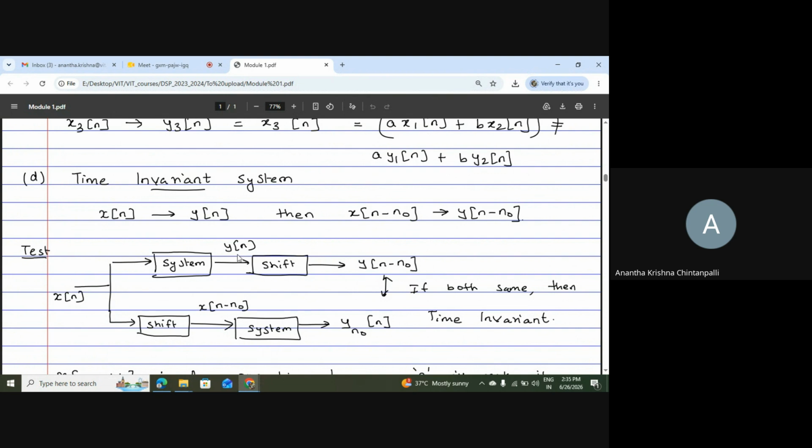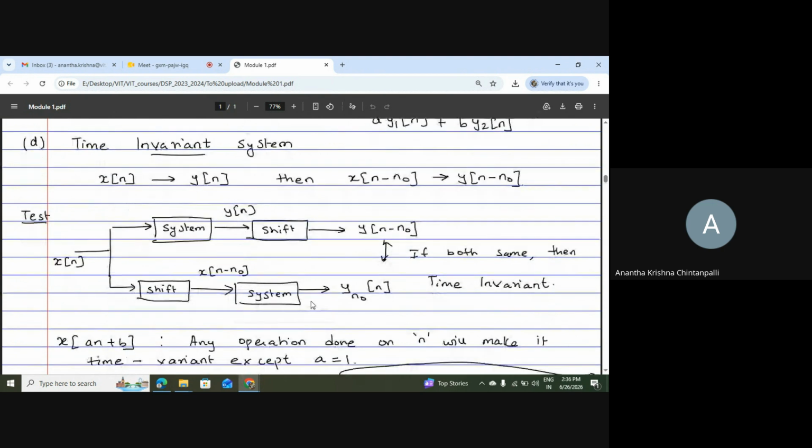Then we shift the output by some factor, let's assume n naught, so this becomes y of n minus n naught. Now for the same shift, we pass the shifted input signal x of n minus n naught through the same system, and we get an output. If both the outputs are the same, then it is a time invariant system, meaning that it does not depend upon time. So that means the shift here becomes irrelevant.